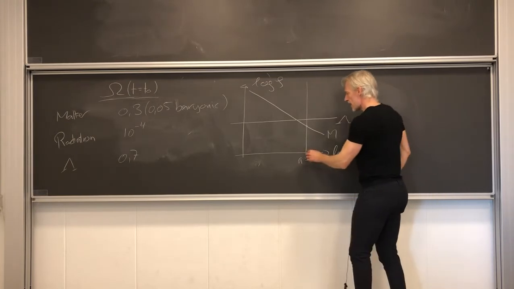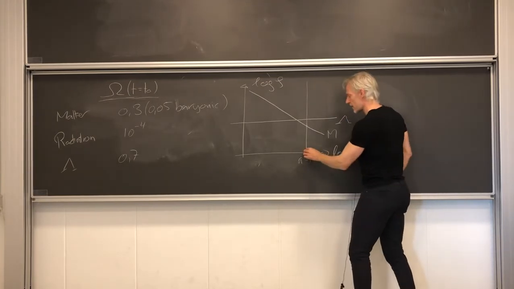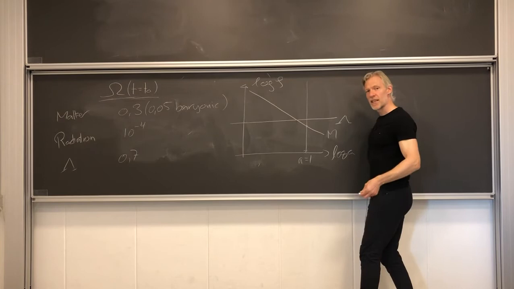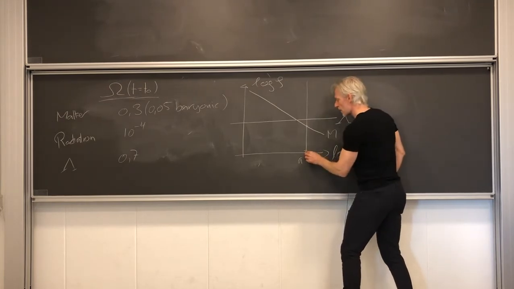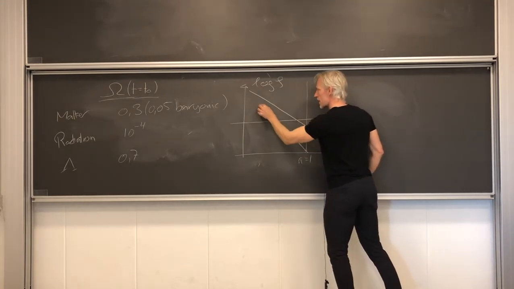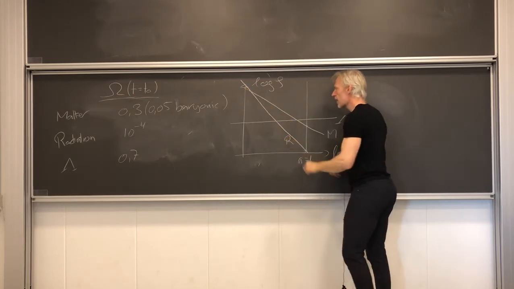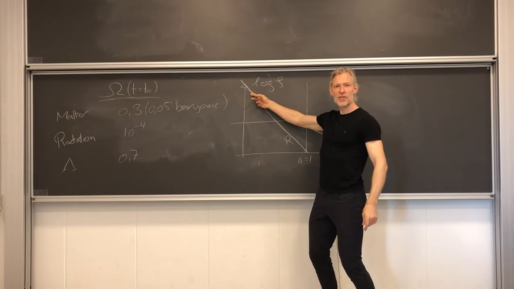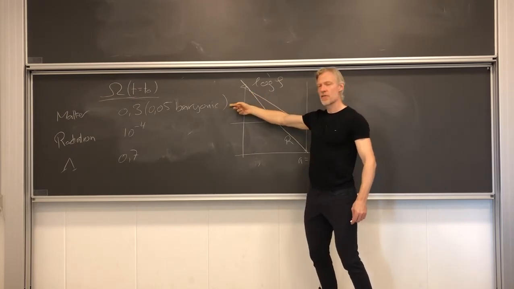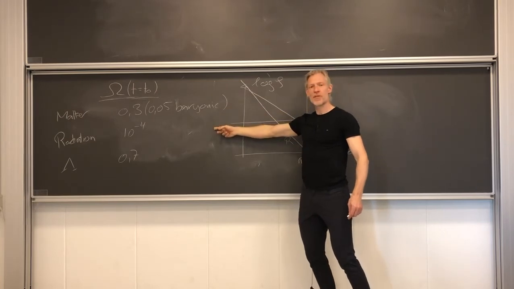Now, even though radiation at the present epoch is down here somewhere and dynamically completely unimportant, of course, the fact that it goes as a to the minus 4 means that eventually, as you go back in time, it crosses. And it's also quite easy to calculate when it happens, right? Because we know that this scales as a to the minus 3, this scales as a to the minus 4.